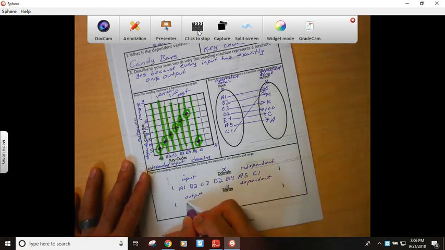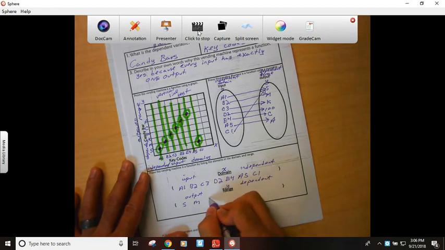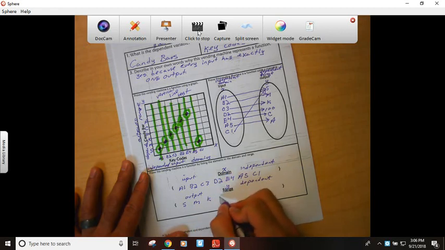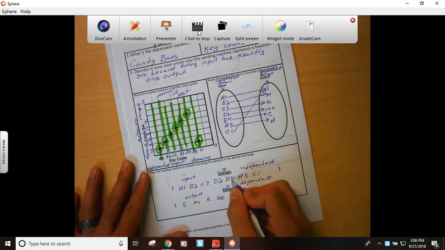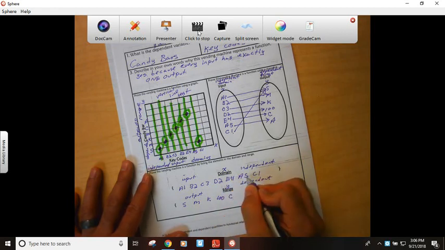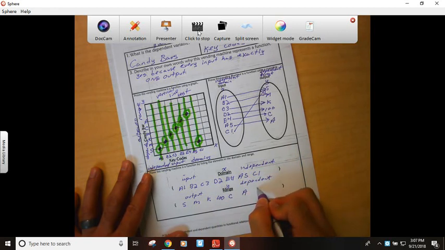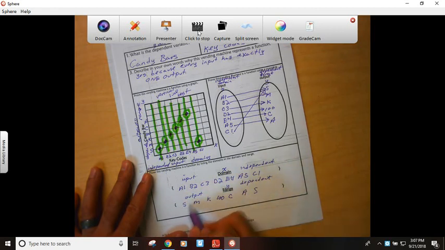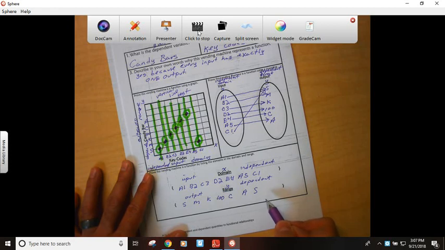So I have A1 is going to give me a Snickers, B2 gives me my Milky Way, C3 gives me my Kit Kat, D2 gives me my 100 Grand, E4 is going to give me my Crunch, A5 gives me my Almond Joy. Now I'm going to rewrite the Snickers right here so that we see that it's okay that I'm going to repeat in my range.